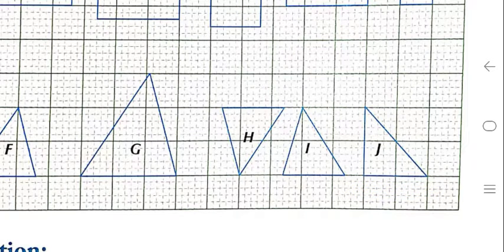What makes it not congruent is that it is a right angle triangle. This triangle doesn't have a right angle. Remember, not just size, but the shape should also be the same. They might have the same size in terms of base and height, but they don't have the same shape. They are both triangles, but this one is a right angle triangle. These are not.